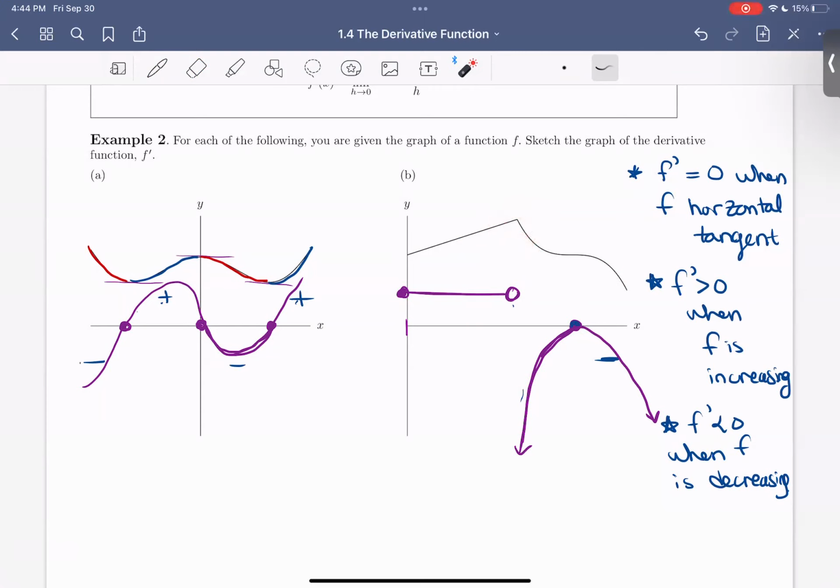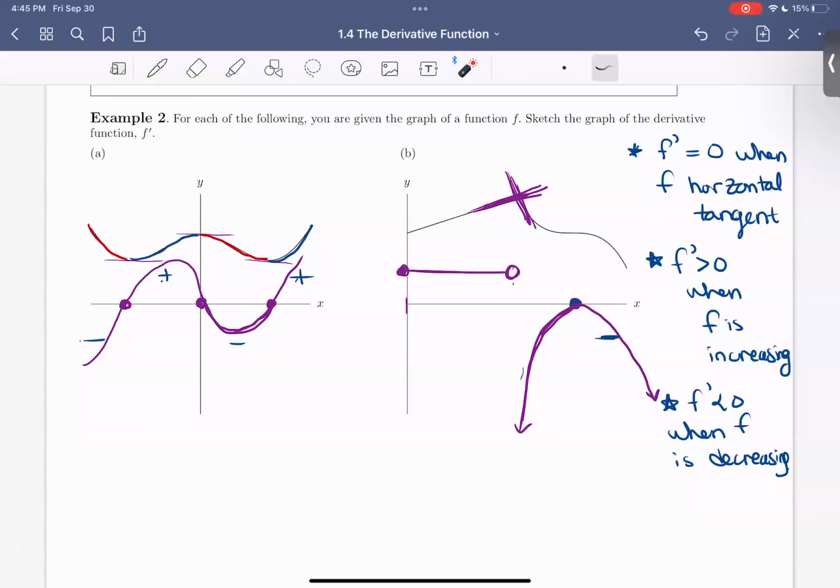That's because if we look at tangent lines to the left and to the right of this corner, their slopes change drastically, from positive to negative right away. No 0 in between, no horizontal tangent line here. So we're going to have a break from somewhere positive to somewhere negative. I'm going to clean this up just so you can see that derivative function.